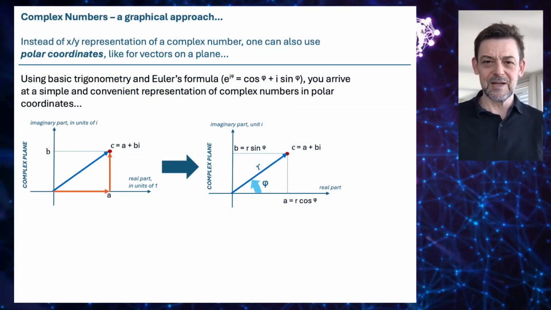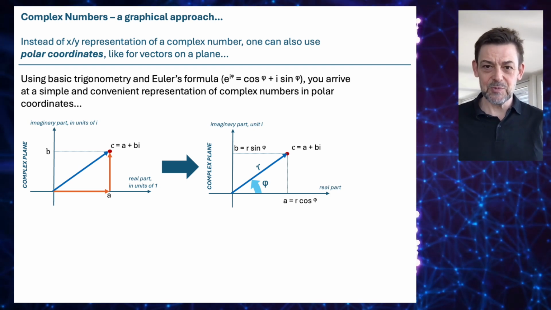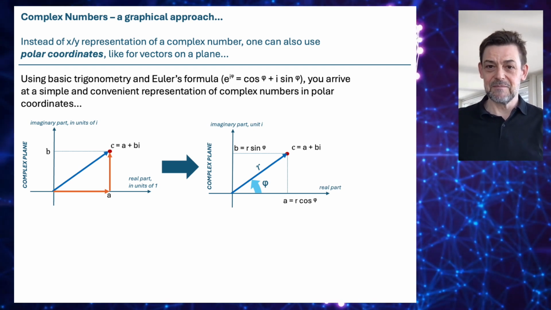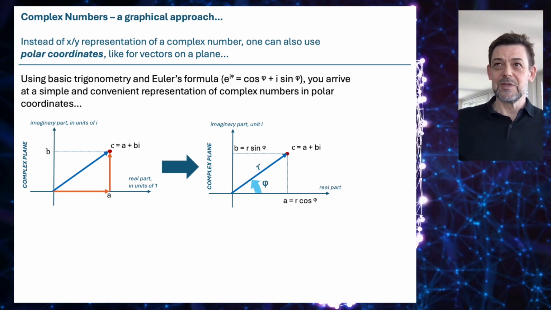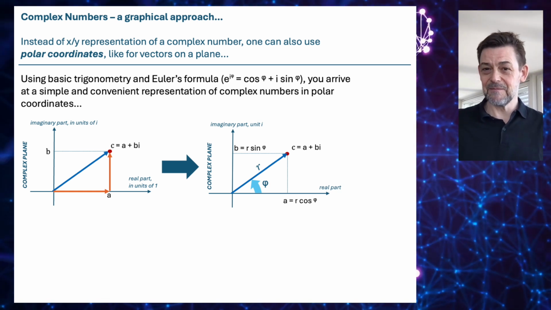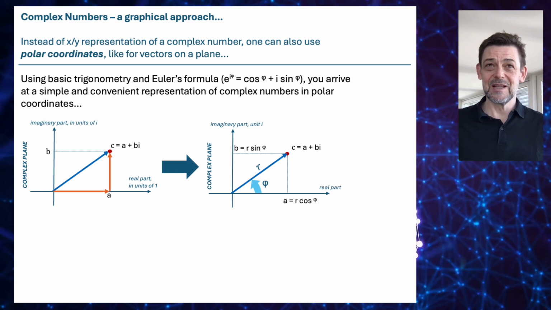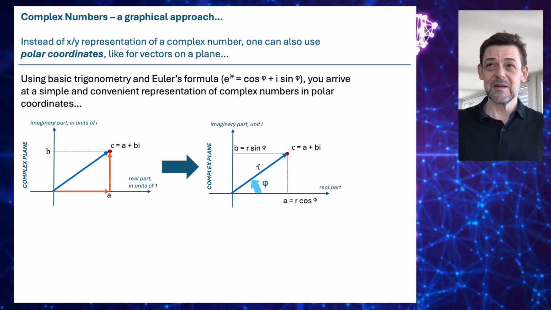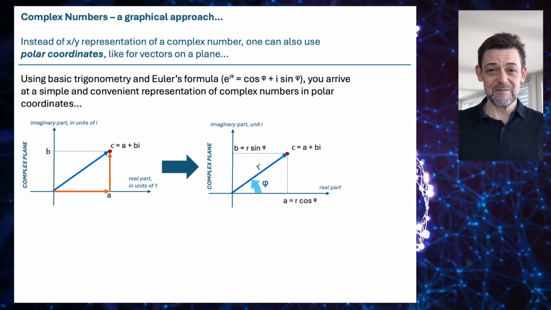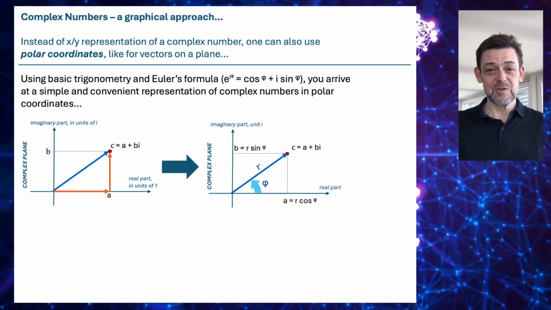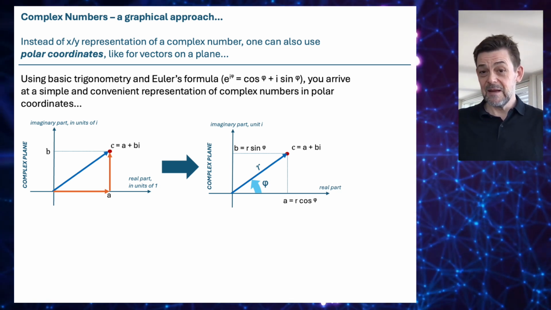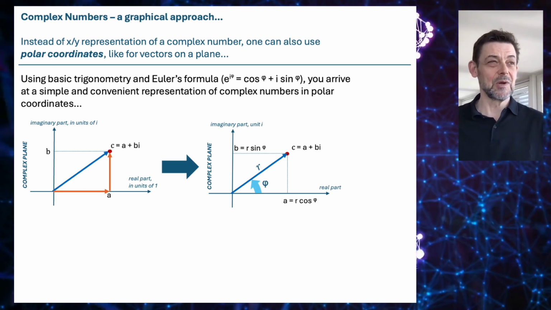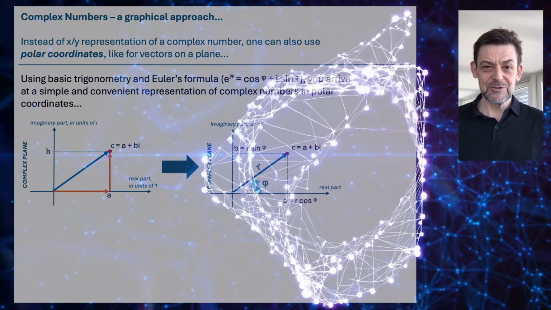Like points on a plane, complex numbers can use polar coordinates. Polar coordinates use a vector from the origin to the point representing the complex number, defined by its magnitude and phase angle in radians. Using basic trigonometry, we find the real part by multiplying the magnitude by the cosine of the phase, and the imaginary part by multiplying it by the sine of the phase.